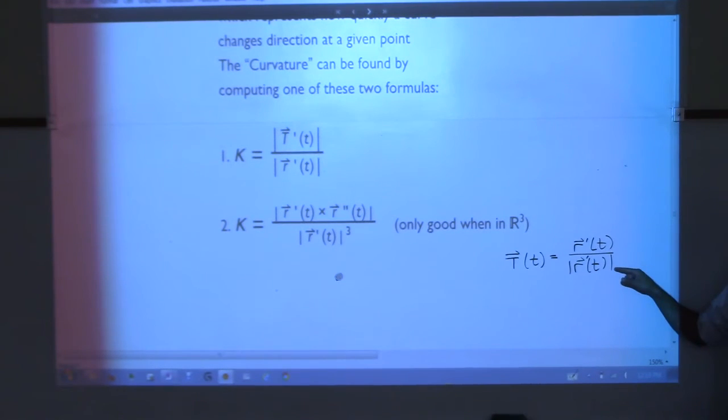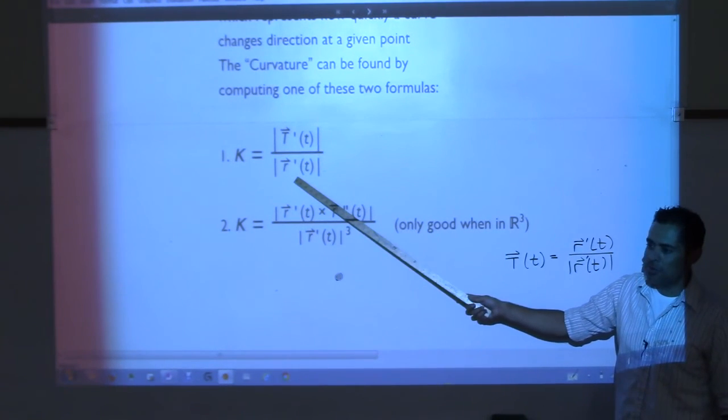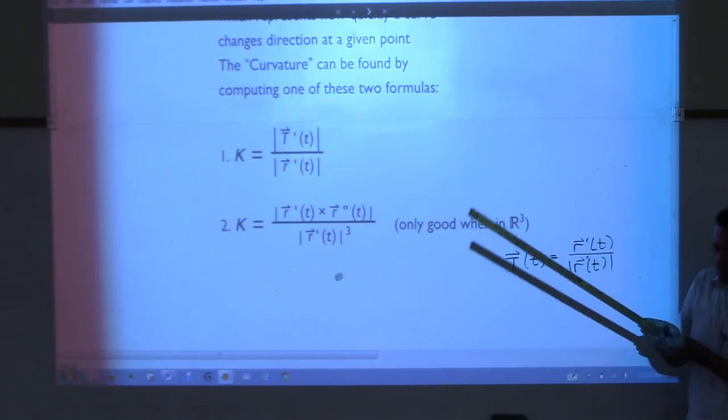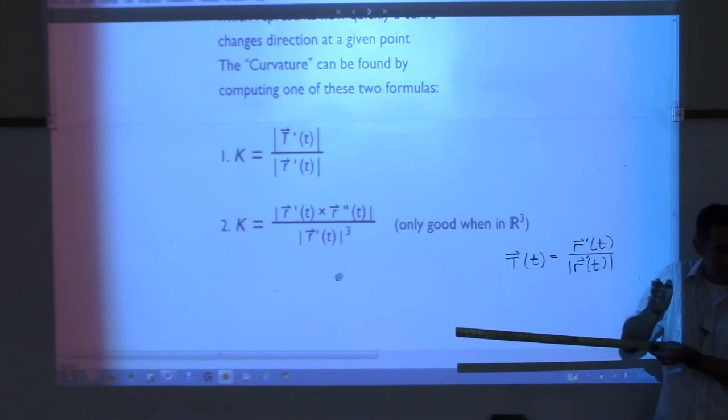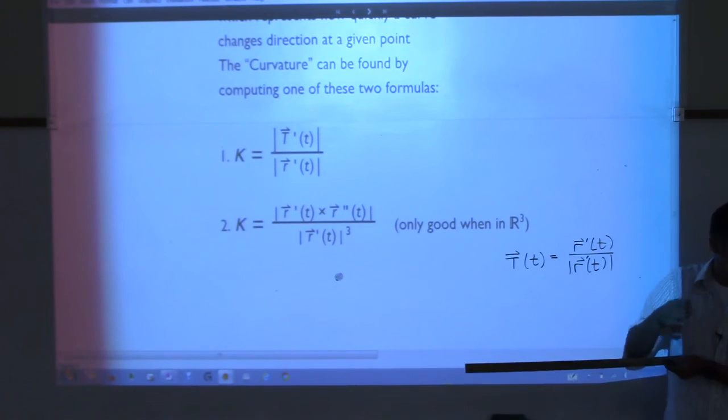That is not what we're using in this formula. We're actually using the derivative of this. That's what we use in the formula. And then we divide that by what? The magnitude of the derivative. That is going to tell us how fast the curve is turning.